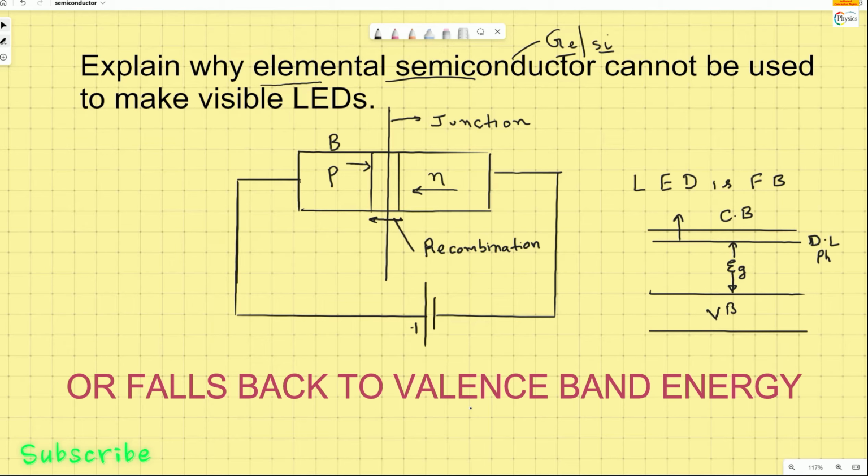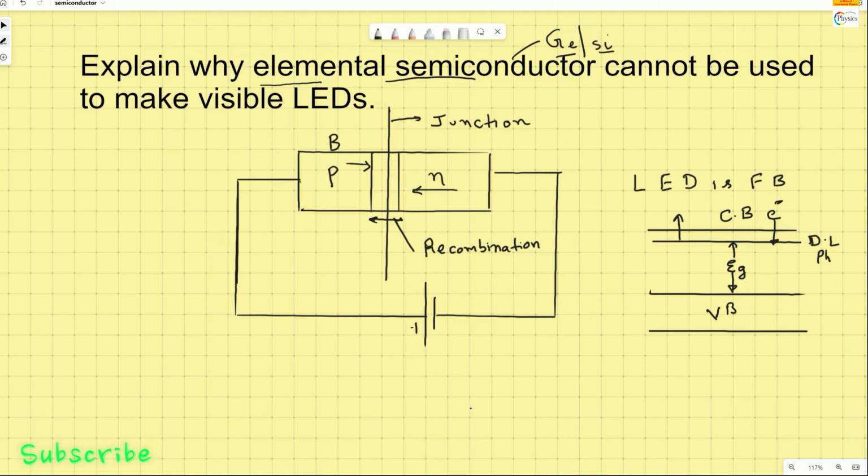Now, why I explained this is because when recombination happens, the electron in the conduction band falls back to the donor level energy. So it loses energy because it is entering the process of recombination.